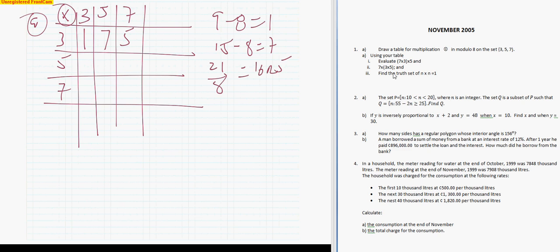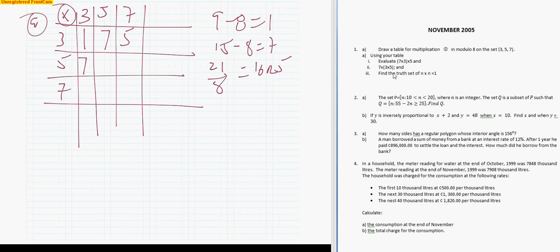Right, so 5 times 3 is equal to 15, the same as 3 times 5. So this and this will have the same value, so it's also 7. That is a trick about modular arithmetic and most mathematics. Since multiplication is commutative, 3 times 5 is 7, and therefore 5 times 3 is also equal to 7.